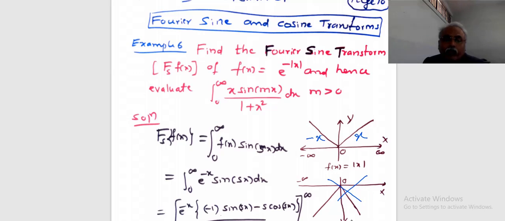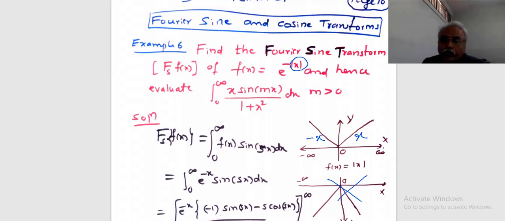Now f of x is e raised to minus mod x. In the positive range, the value of mod x is plus x. So totally it becomes e raised to minus x in the 0 to infinity range.